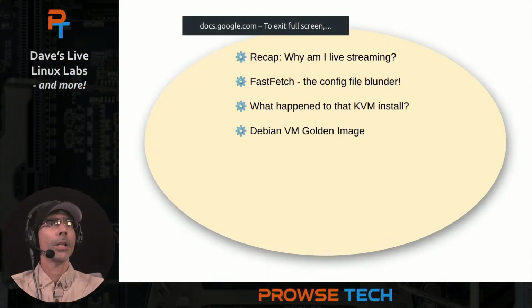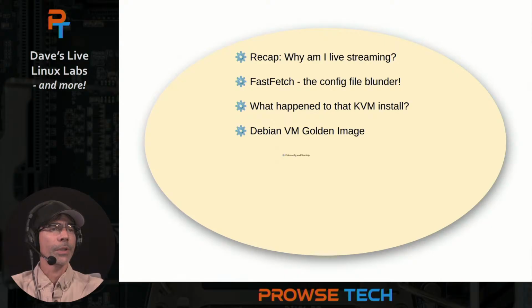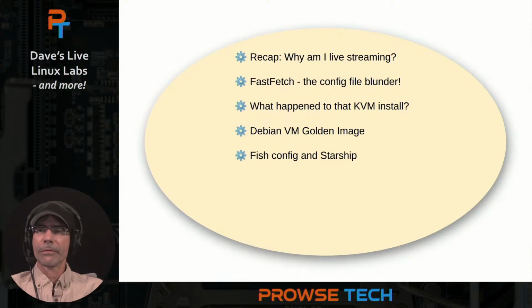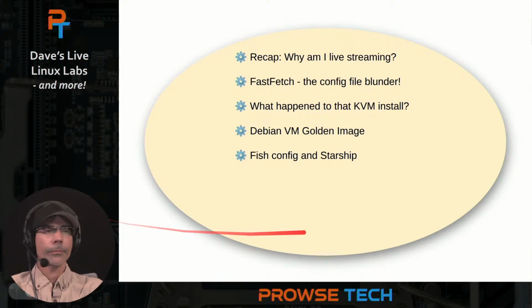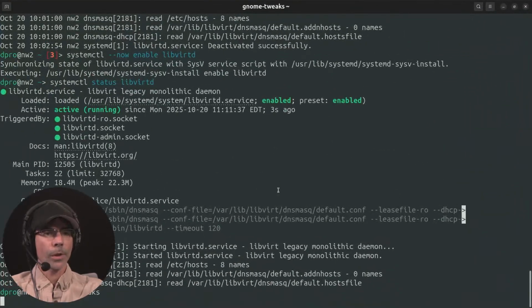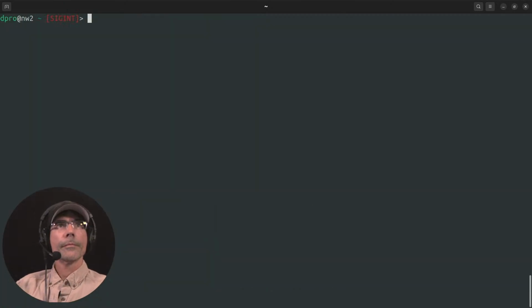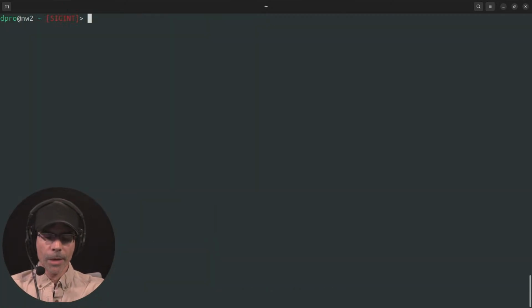And that's our Debian virtual machine golden image that we're using here. Another thing I wanted to work on was my fish config. So let's go over to our terminal once again and break out of that. Okay, so I'm using fish right now.